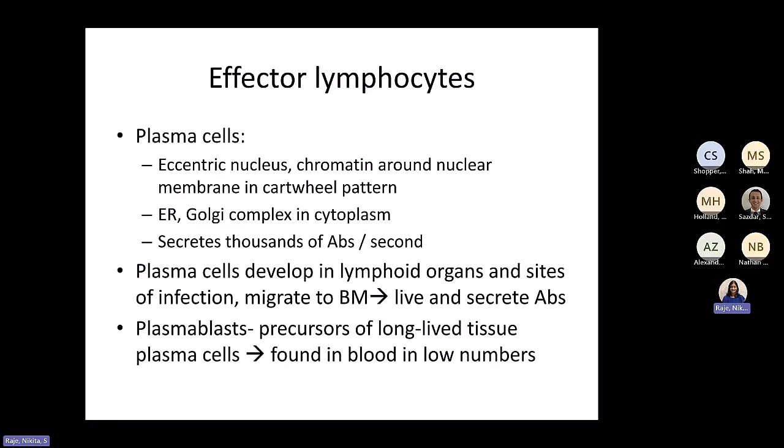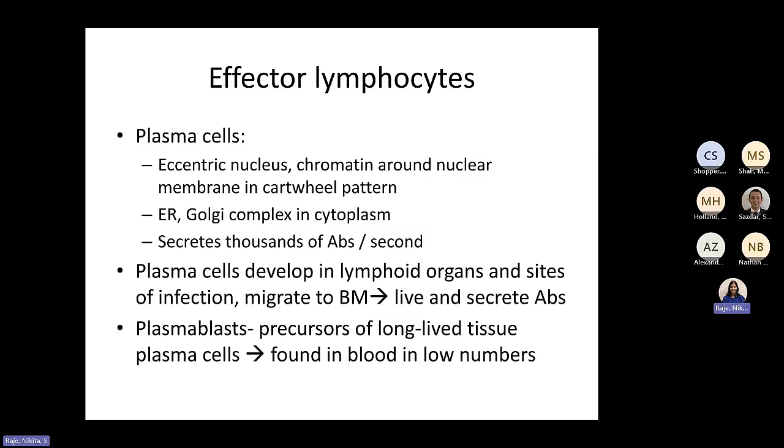Talking about B cell effector cells called plasma cells, these have an eccentric nucleus, and the chromatin around the nuclear membrane is in a cartwheel pattern, so it has a very specific appearance, and they are larger in size compared to B cells. They have the endoplasmic reticulum and Golgi complex in the cytoplasm, and secrete antibodies, thousands of antibodies per second.